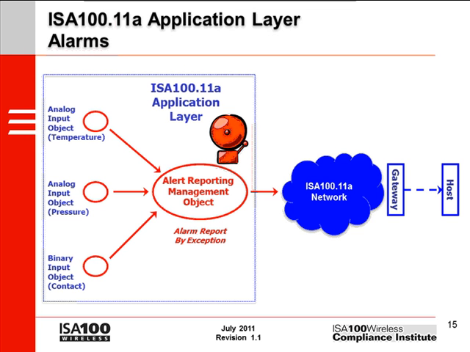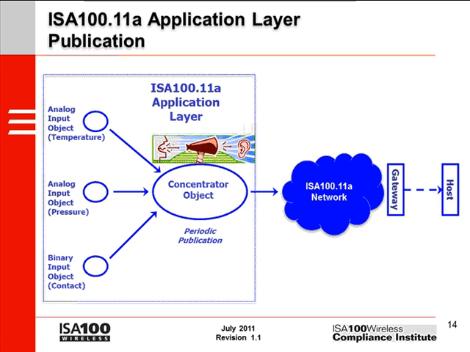So to review, here we go. We have a data publication with data periodically published through the gateway using a concentrator object. Normally, once the network is up and running, most of the network capacity will be used by this type of reporting.